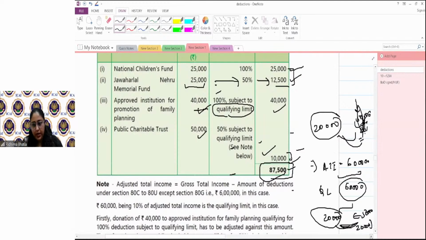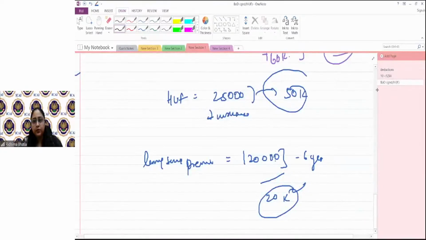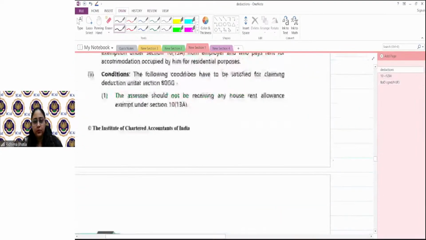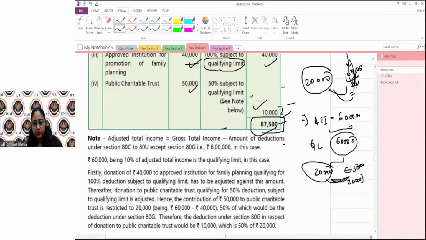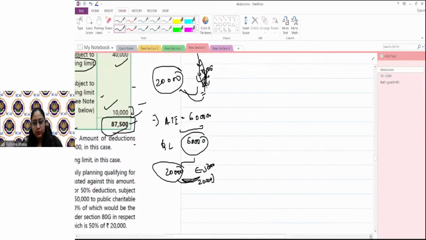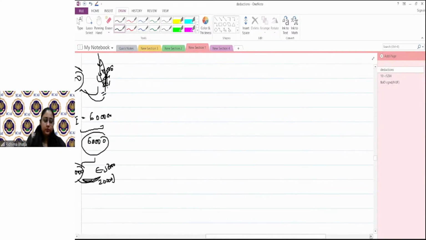So if I give you a figure, the figure is that a person has a gross total income of 6 lakhs. He is claiming 1 lakh in ATC.